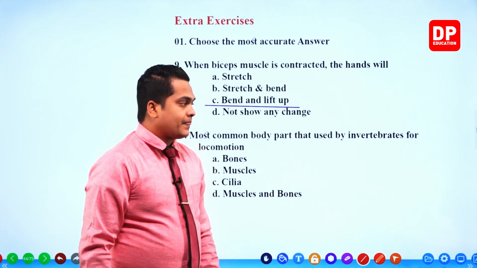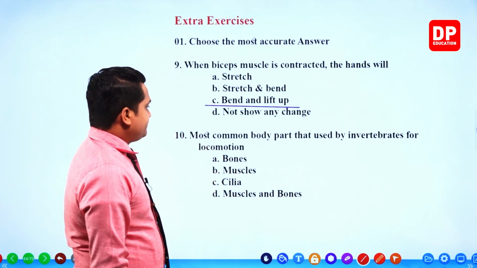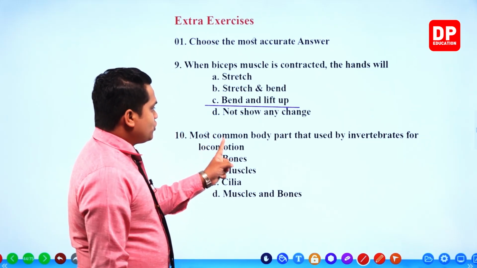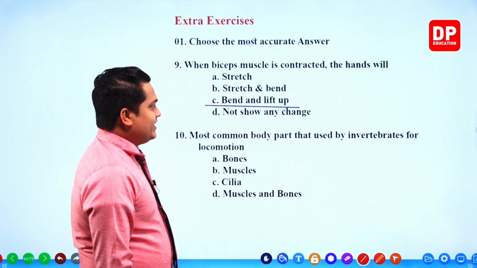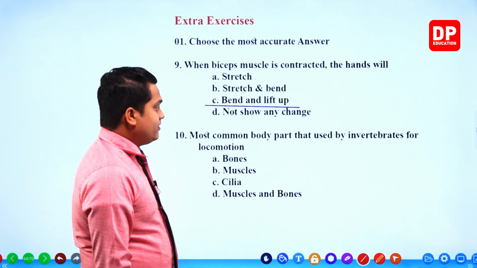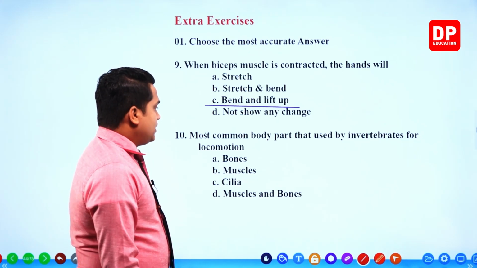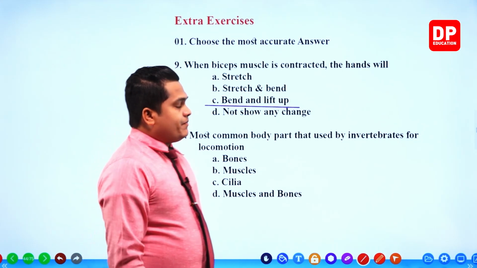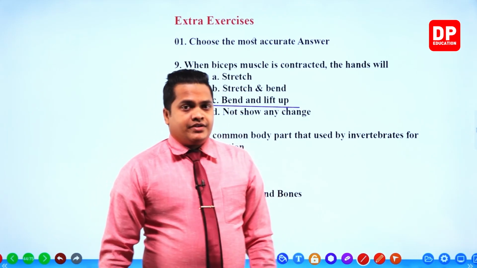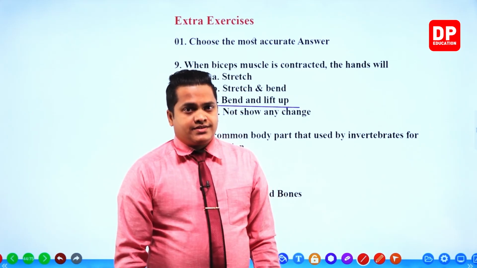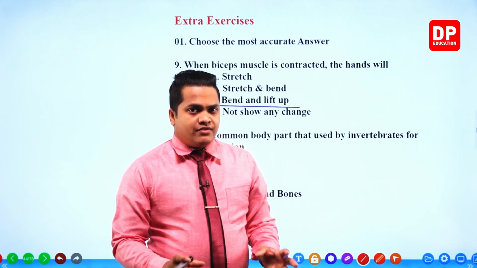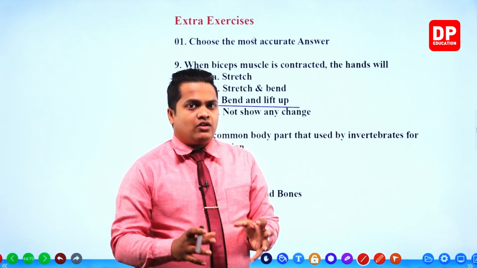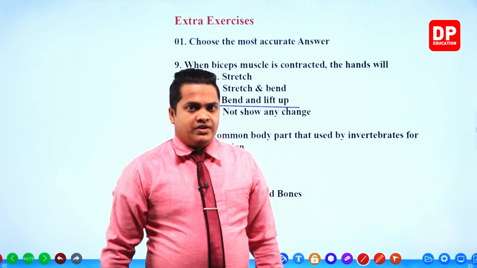Okay. Then the next one. Most common body part used by invertebrates for locomotion. So the most common body part used by invertebrates is their muscles, right? Invertebrates use muscles for their locomotion or for their movements.